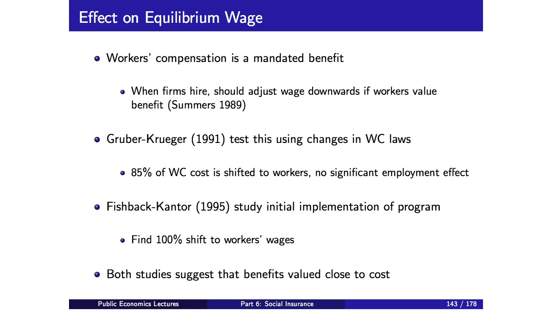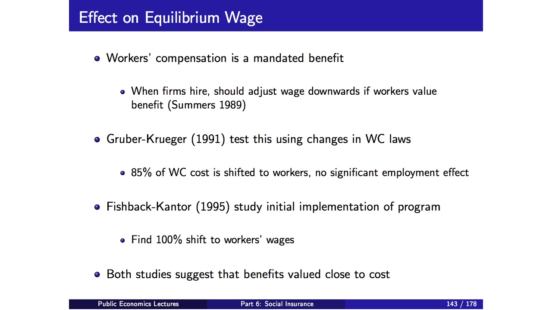And so they ask, when workers' comp benefits go up by $100, do wages in fact fall by the expected amount of workers' comp benefits that you're going to get given injury rates, right? And they find that 85% of the additional cost that firms bear because of the increase in mandated workers' comp benefits is in fact shifted to workers, and there isn't much of an impact on equilibrium employment, suggesting that you're very close to that Summers case of alpha equals 1, where the workers value the benefit at cost, and so the supply curve shifts out to the same extent that the demand curve shifts.